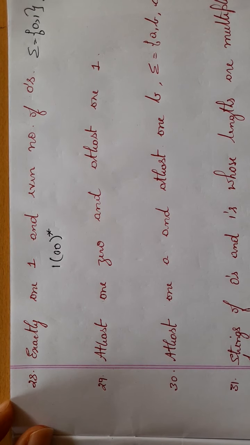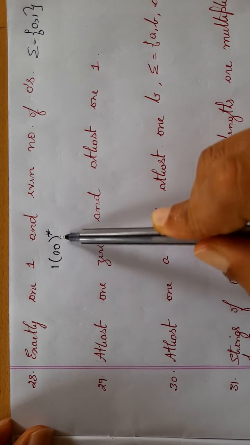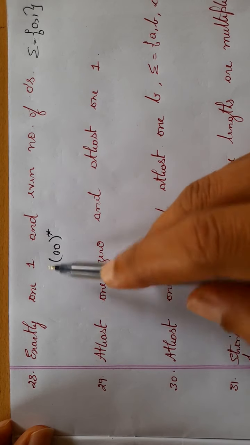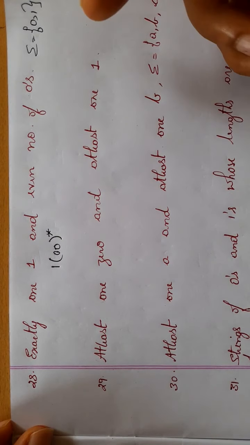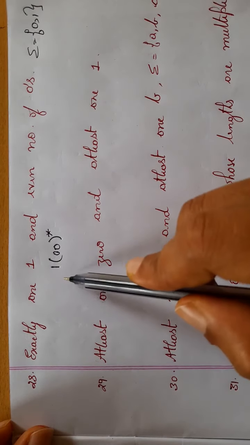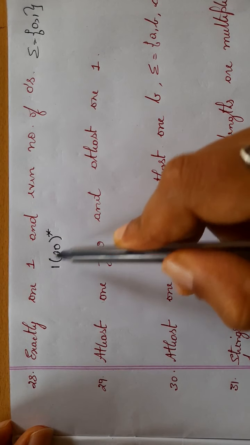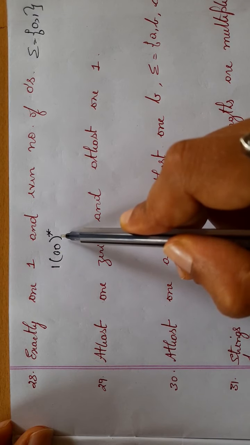So according to the regular expression that I have written here, it is exactly 1, 1 followed by even number of zeros. If it is like I have only 1, 1 and then even number of zeros, it can be anywhere. It means that I can either have it in the beginning or I can have it at the end. So exactly 1, 1 followed by even number of zeros.